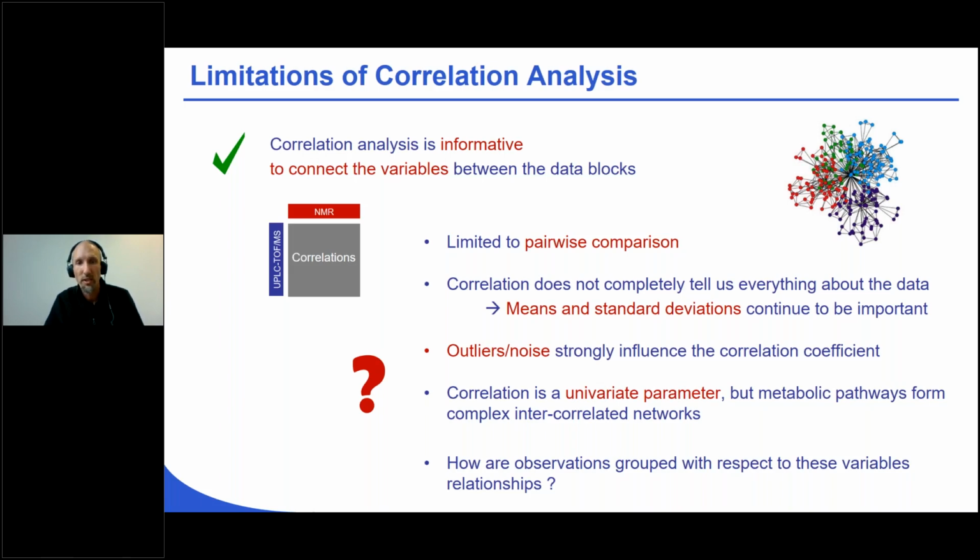And this is a univariate parameter, so you will only look at single signals that can be linked together, but I think you quite quickly lose the overall picture of all your signals in the data matrices.